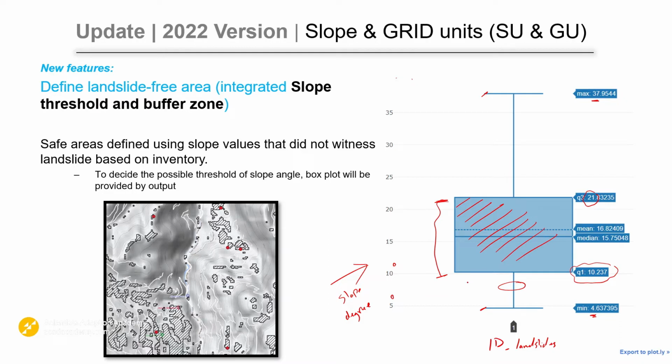So based on your inventory, we will consider the threshold from 10 and below. This is the threshold. We will assume that any area below 10 is considered to be safe. So this is the assumption.